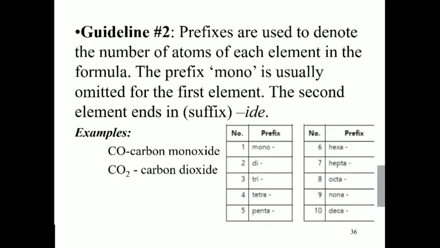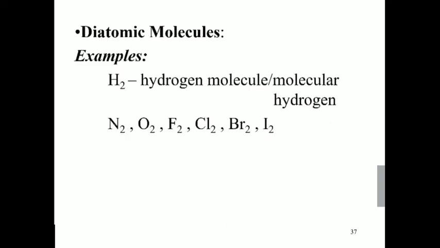So the following are the prefixes used in naming binary molecular compounds. For this set of examples, we have carbon monoxide and carbon dioxide. Diatomic molecules like the following are given the name molecule or molecular. So for example, H sub 2 is called hydrogen molecule or molecular hydrogen.